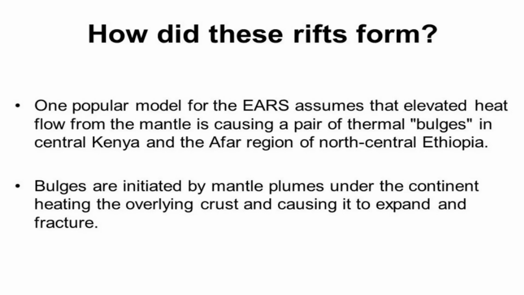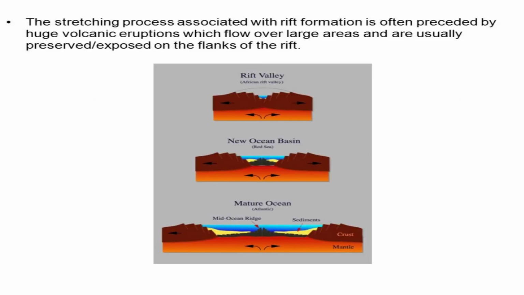One popular model for the EARS assumes that elevated heat flow from the mantle is causing a pair of thermal bulges in central Kenya and the Afar region of north central Ethiopia. Bulges are initiated by mantle plumes under the continent hitting the overlying crust and causing it to expand and fracture.